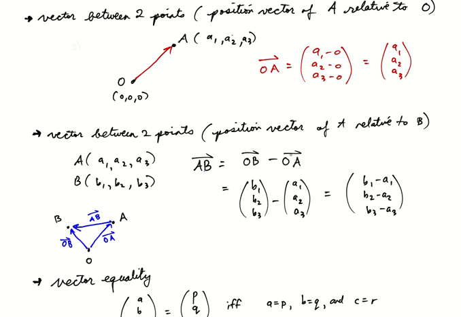Alright, and we've done this before. I'm just giving this to you in a new context and explaining why a little bit more, why we always take the coordinates of the B, and subtract it from the coordinates of the A.